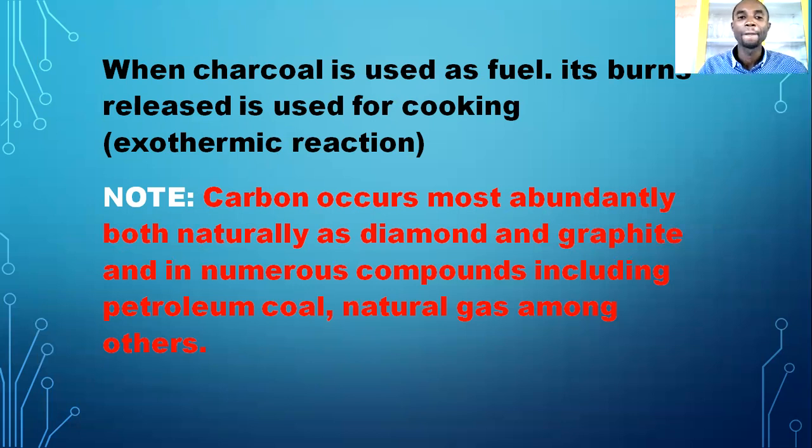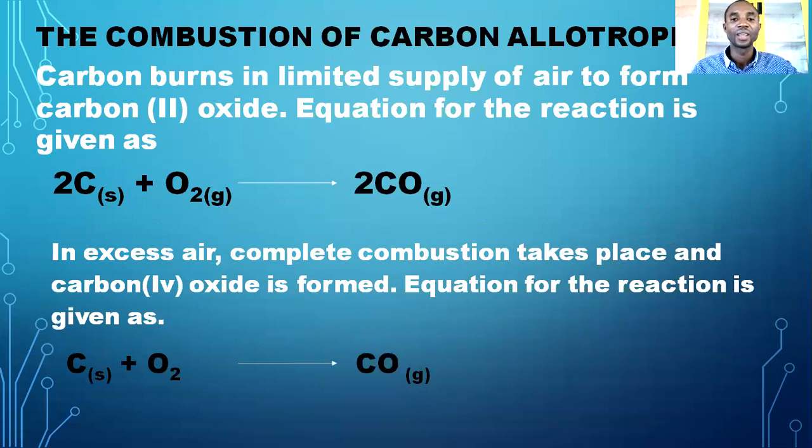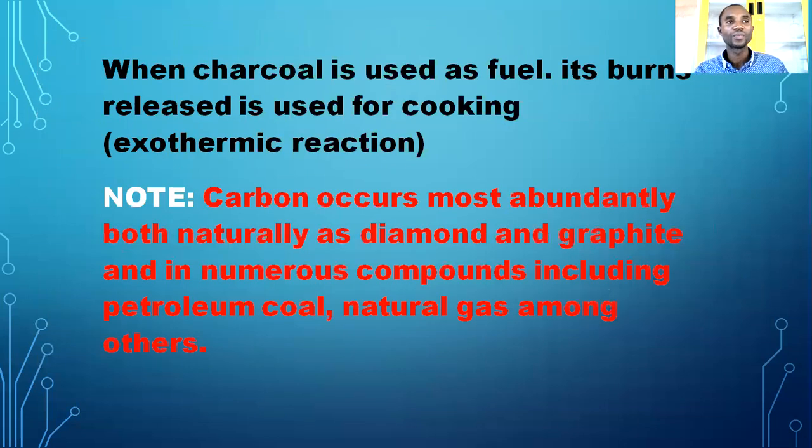So far, we have discussed so many things: the combustion of carbon allotropes, the physical differences between diamond and graphite, the physical properties of each of them, the structures of diamond and graphite, allotropes of carbon, which are diamond and graphite, and what carbon is.